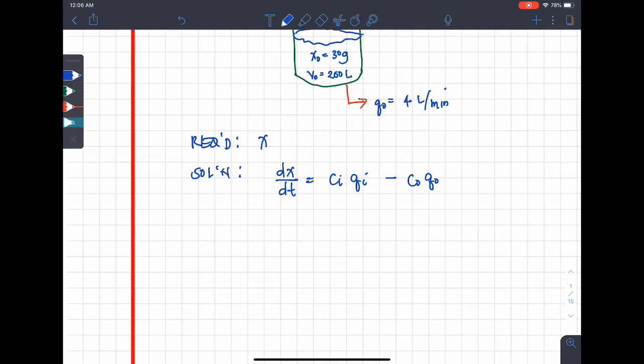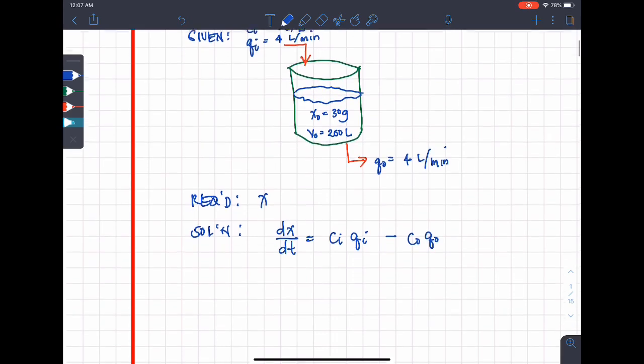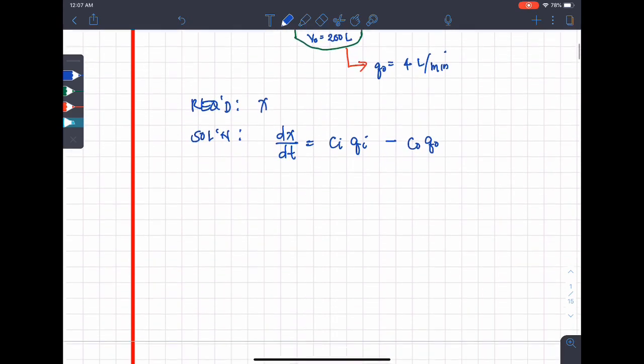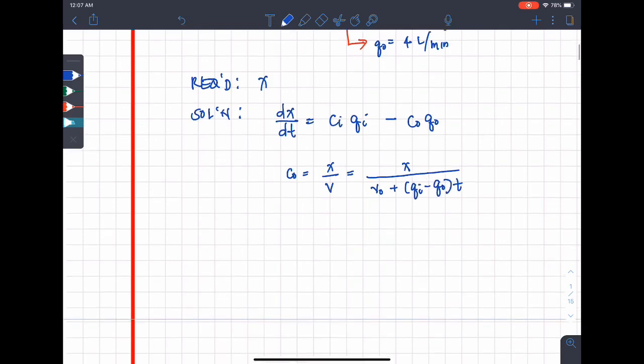This time around, let's substitute. We have our C in, Q in, and Q out, but what we don't have is the C out. The output concentration is equal to X over V, and just like I mentioned during the discussion, V is the initial volume plus (Q in minus Q out) times t.